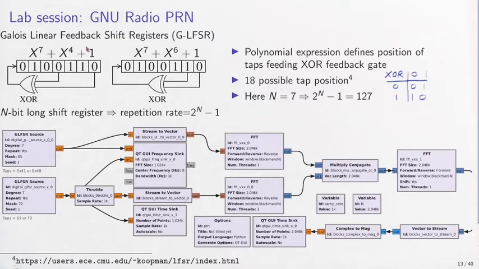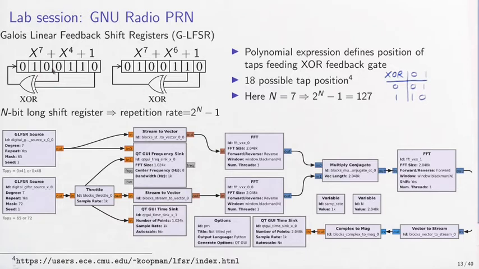So here are two examples of GLFSR, as found in two out of the 18 possible 7-bit long LFSRs. This is 7 bits long over here. This reference cites all the possible tap positions that will create these pseudo-random sequences, and these are the two sequences that will be used in this lab session.